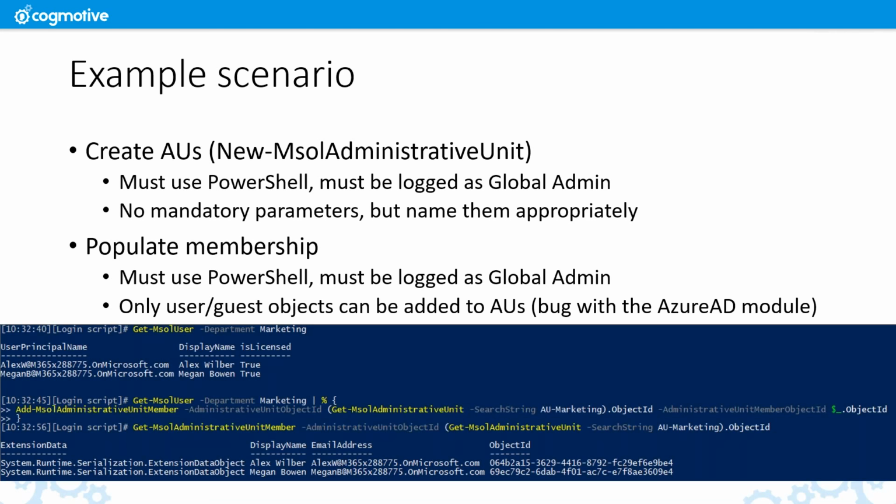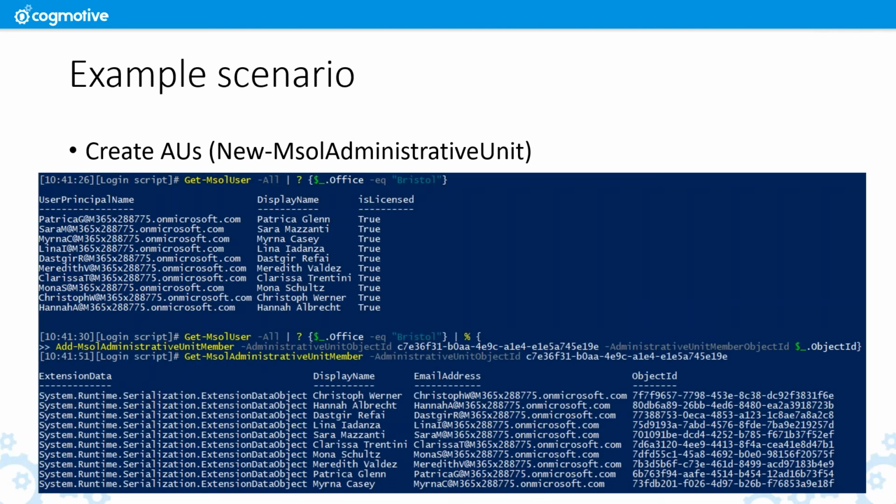In the next example, we're doing things a bit differently because it's an example which uses the Office information for the users. Greg, if you can just press next. For this particular attribute, the Office attribute, we don't have any built-in filters for the Get-MsolUser commandlet. So instead, we have to get all the users and use client-side filtering.